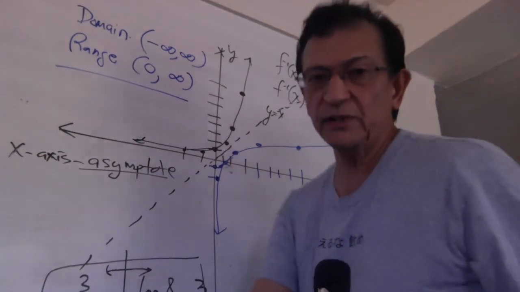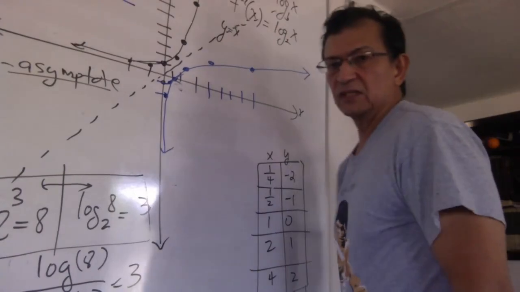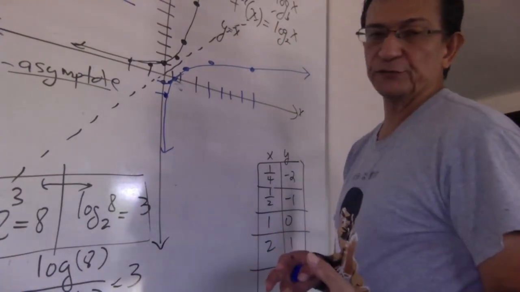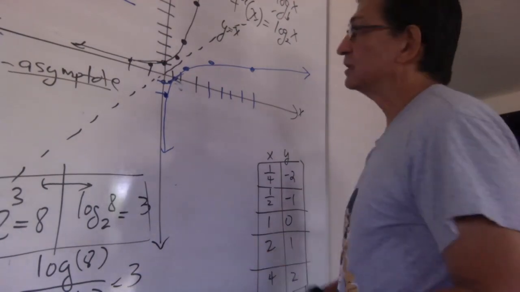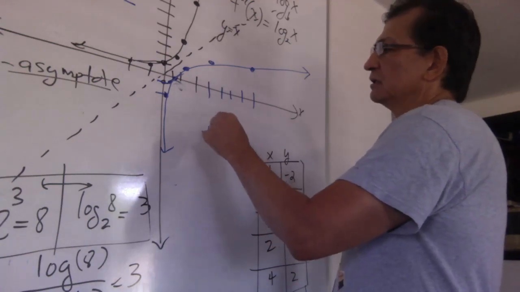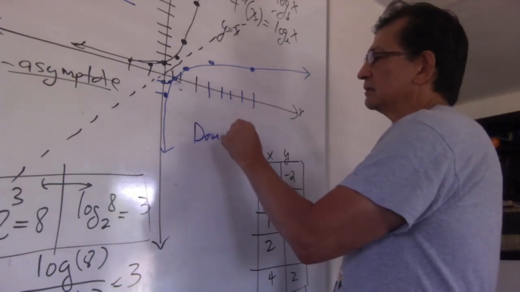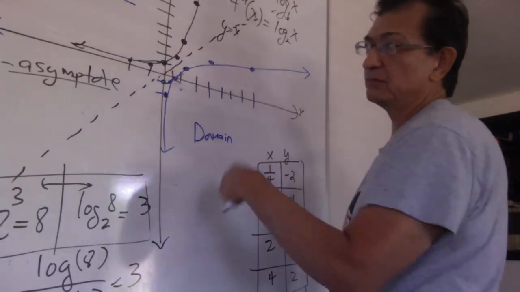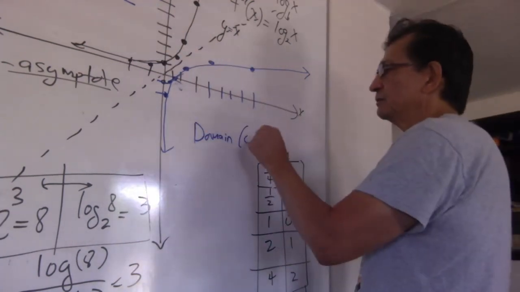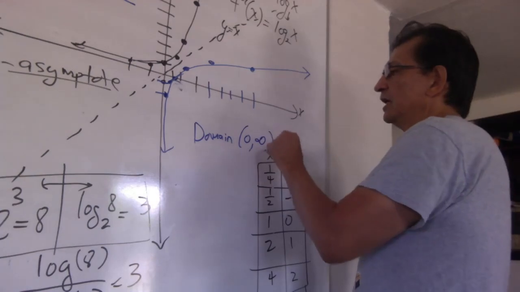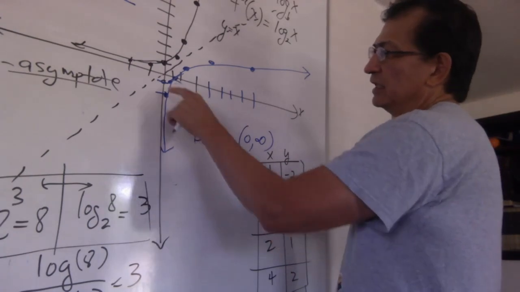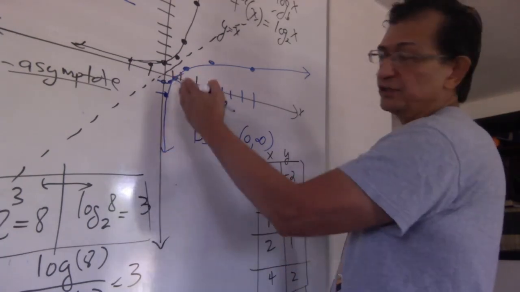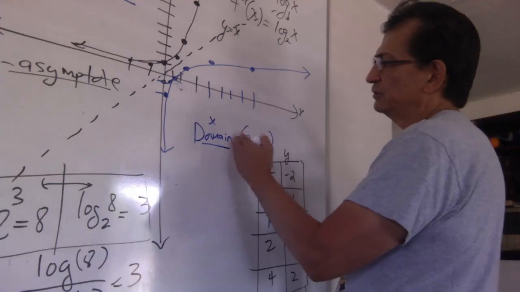For the log function, remember in the last lesson we learned that the domain and range of an inverse function are switched. So the domain here is the range from my exponential function, which was 0 to positive infinity. These are the x values, and it's never going to touch 0, so we have 0 and go this way.